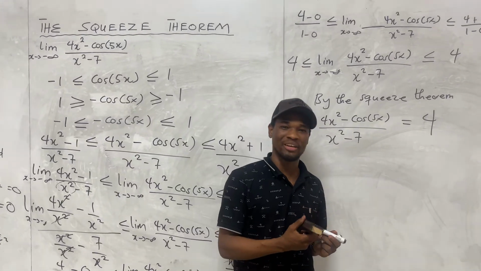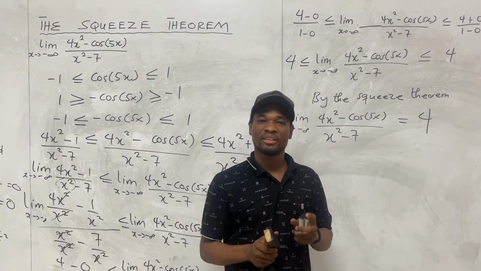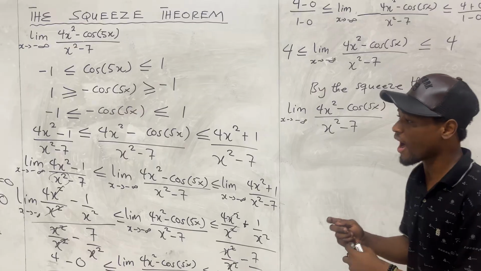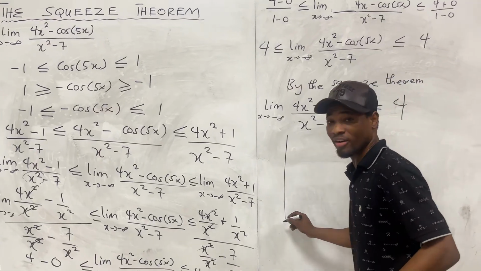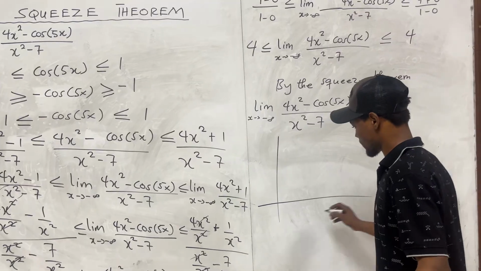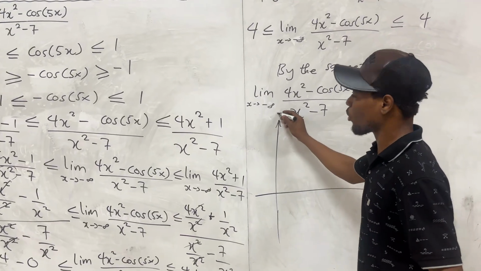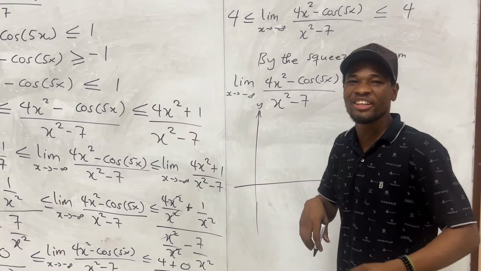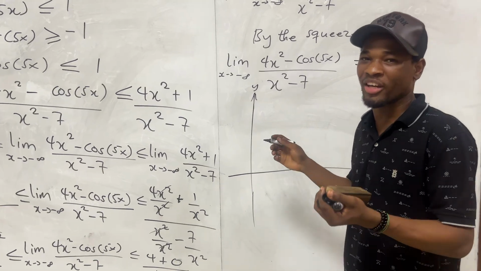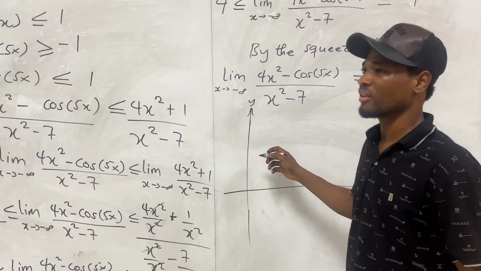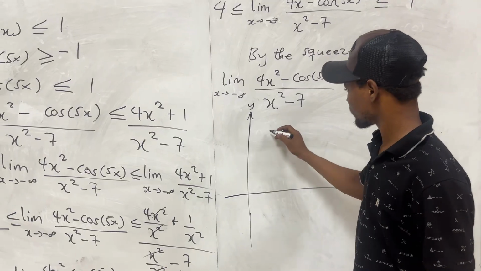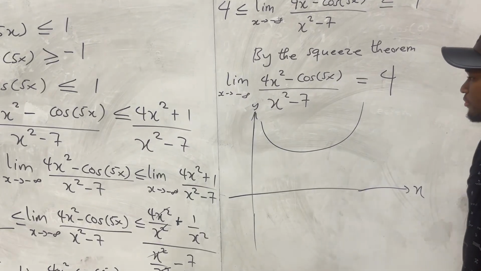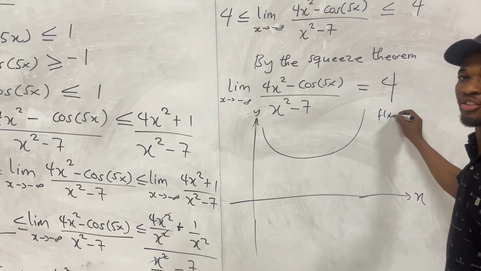So in summary, this is what we have said so far. When you have your graph this way, this is your y-axis, this is your x-axis. Let's say you have any continuous function at all, and let's say this is f of x.